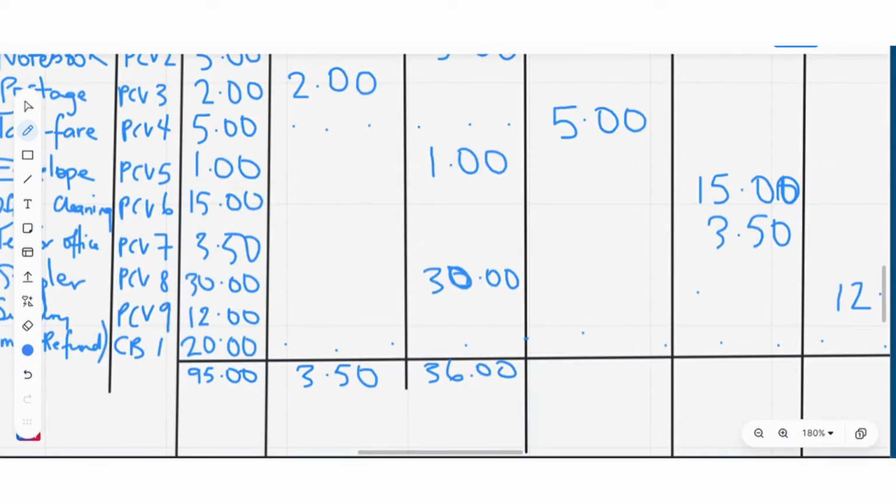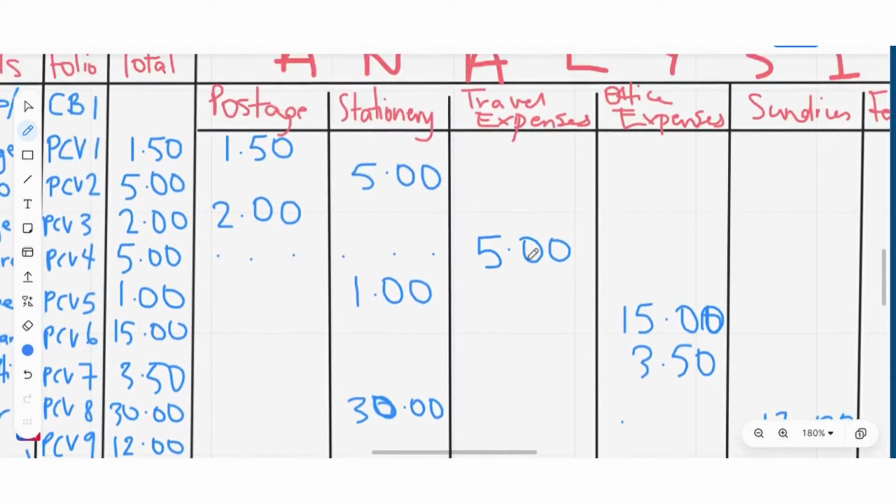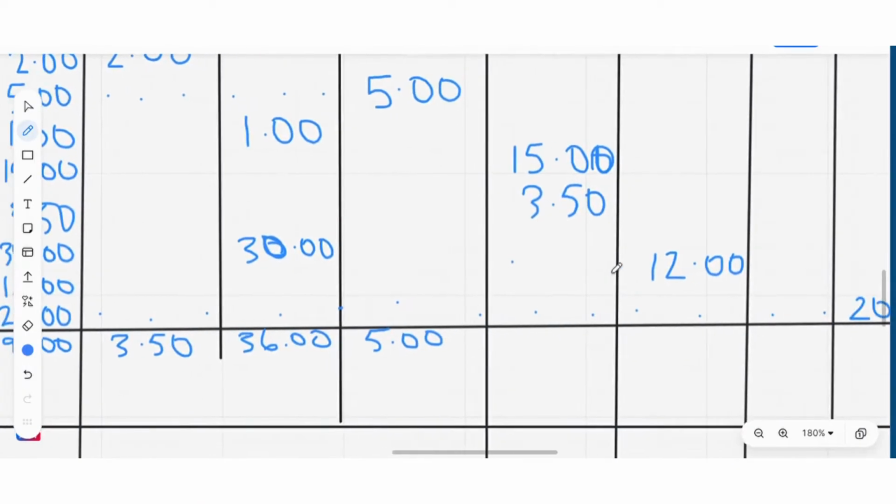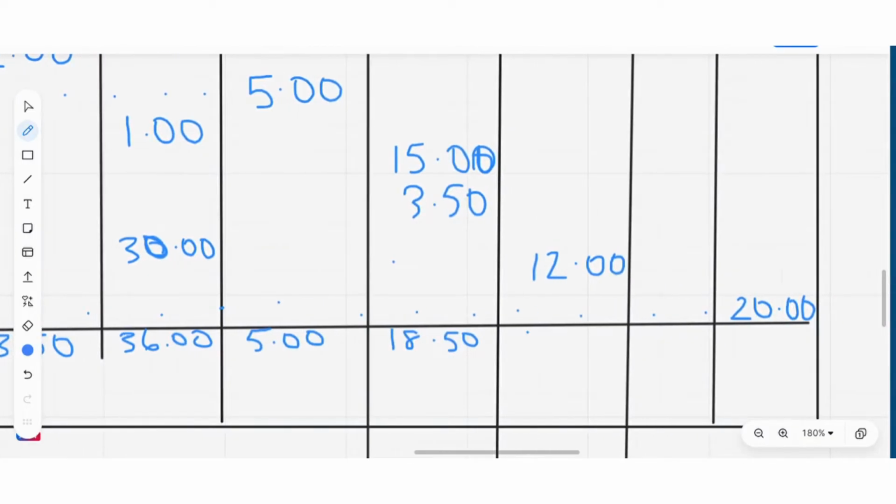In the travel expenses, I only have the $5 there, so I just write back my $5 here. Basically, I just write in the totals for each, right? Office expenses amount to $18.50, right? Sundry amount to $12.